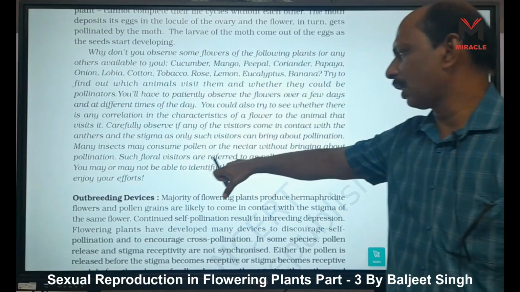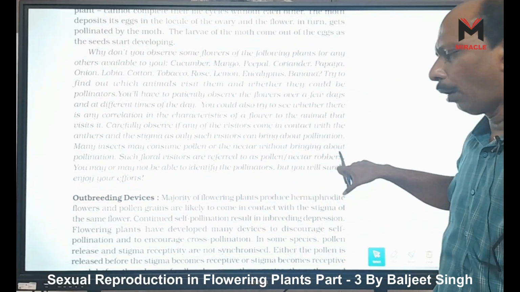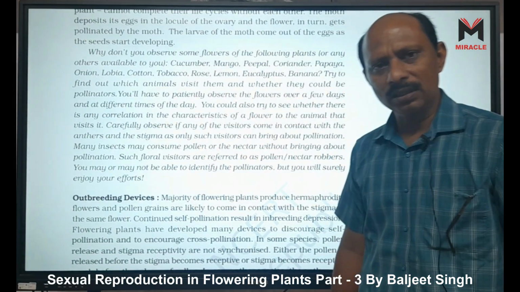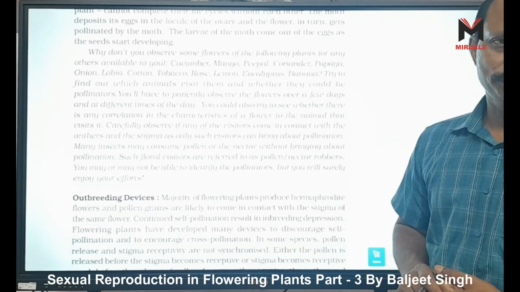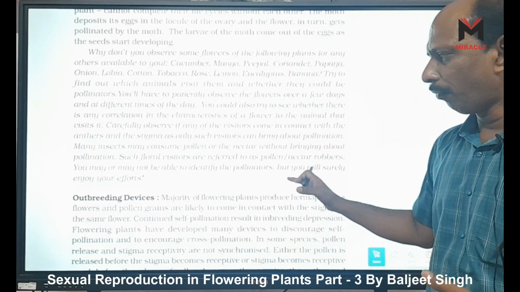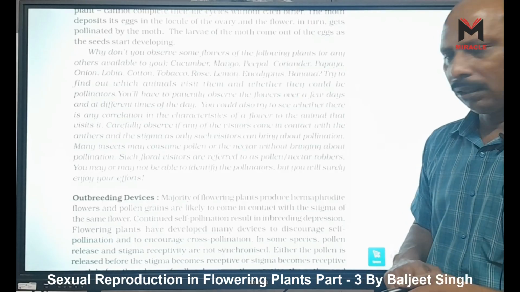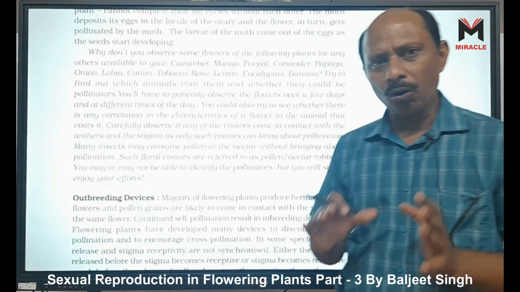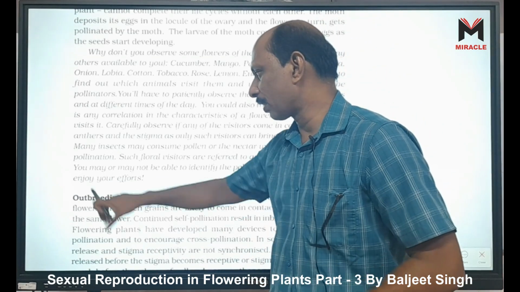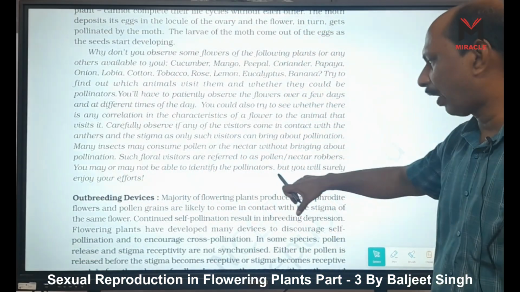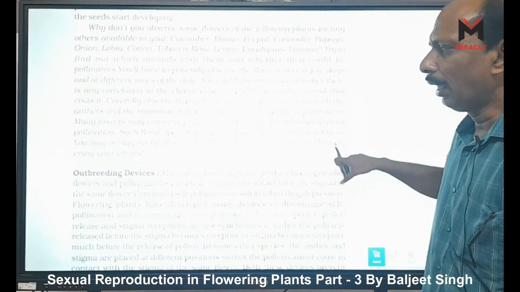Such floral visitors are referred to as pollen or nectar robbers, because they get the reward without doing any work. Nectar is produced only for pollinators. That's why they are called pollen or nectar robbers. You may or may not be able to identify the pollinators, but you will surely enjoy the exercise.